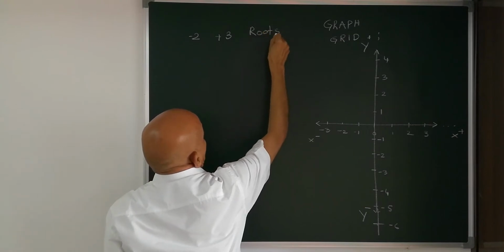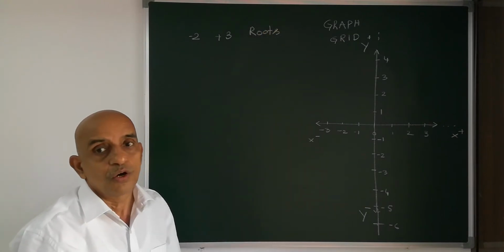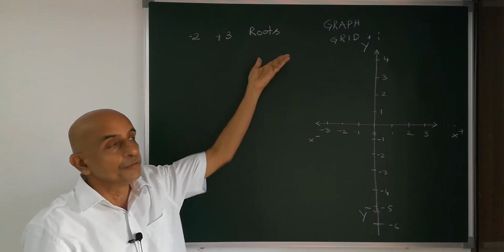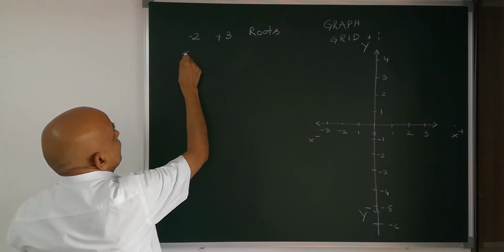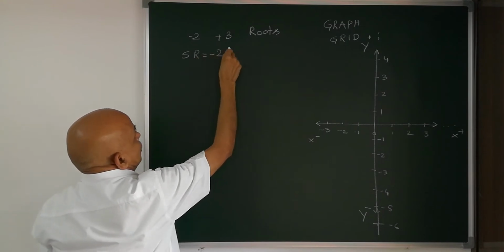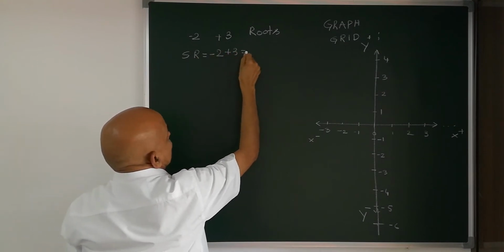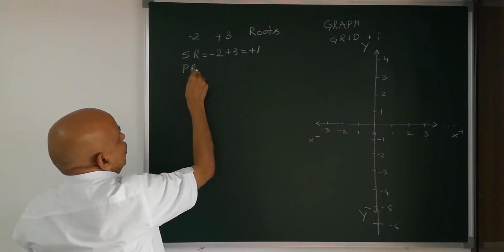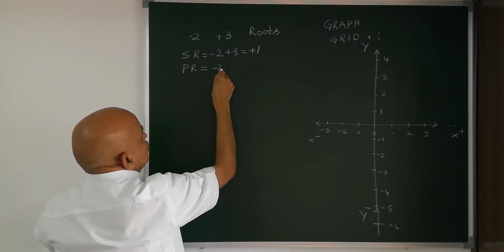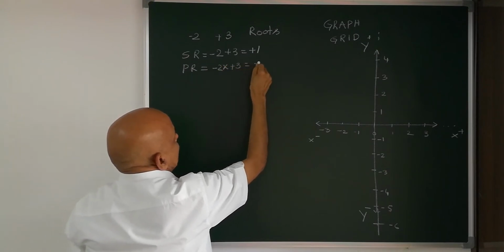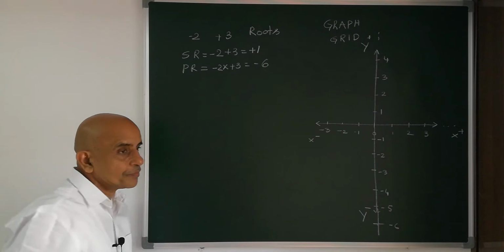So many videos you have seen on quadratic equations, we have used the term roots. Then we take the sum of the roots, that is -2 + 3, which is equal to +1. Then the product of the roots, -2 into +3, is -6.